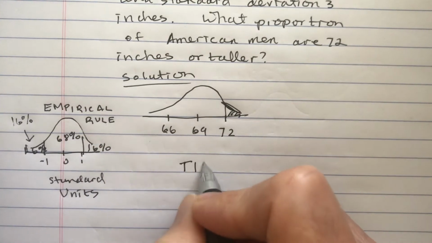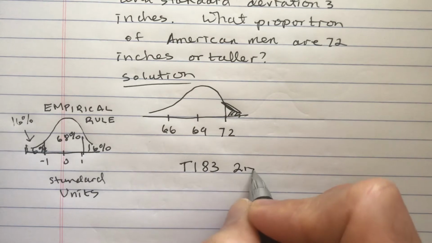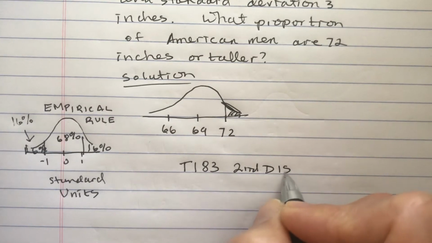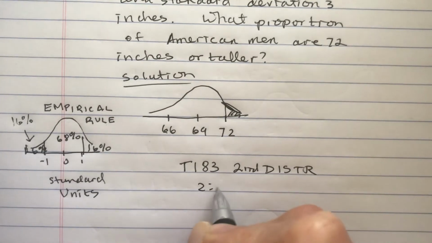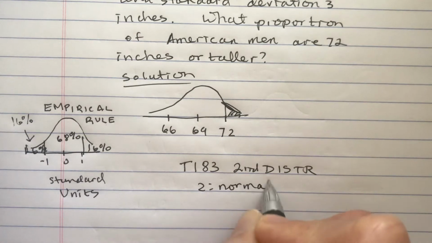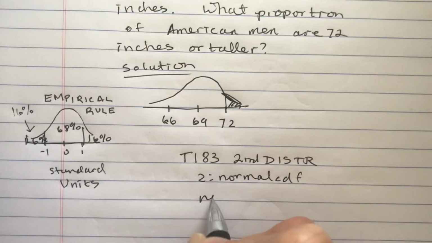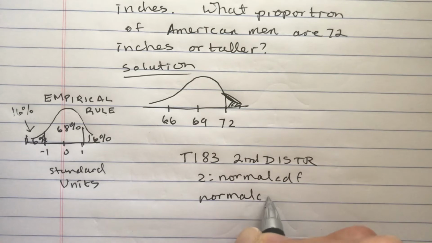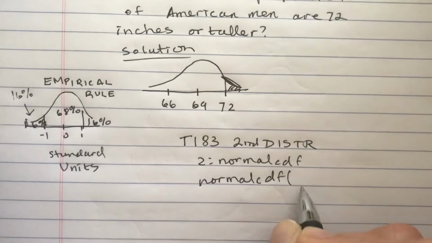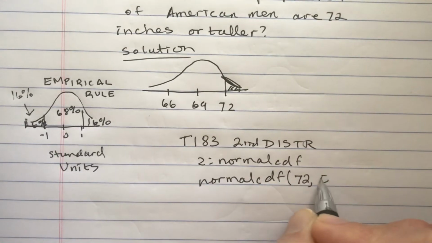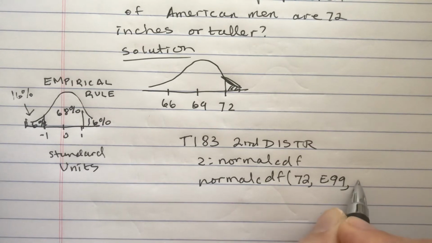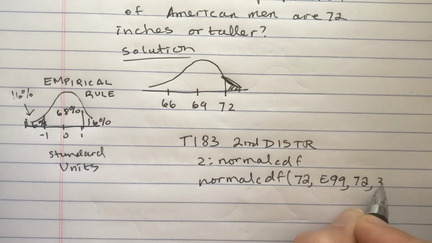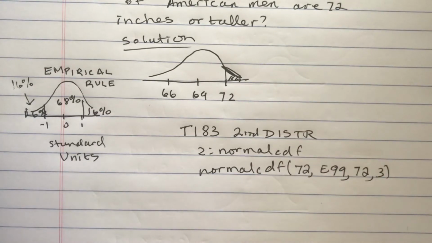If I use the TI-83, I'm going to press second, distribution, normal CDF. The left endpoint is 72. It goes on forever, so the right endpoint is E99. The mean is 69 and the standard deviation is 3. I'm going through this a little fast because we've done this in other videos, so it's just a review.